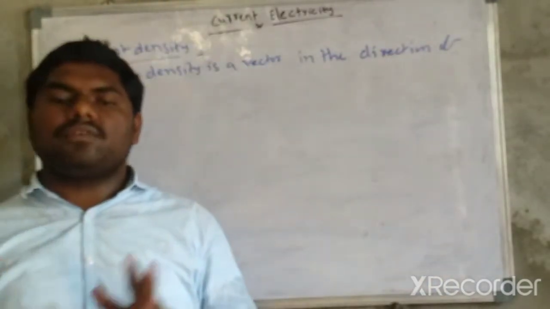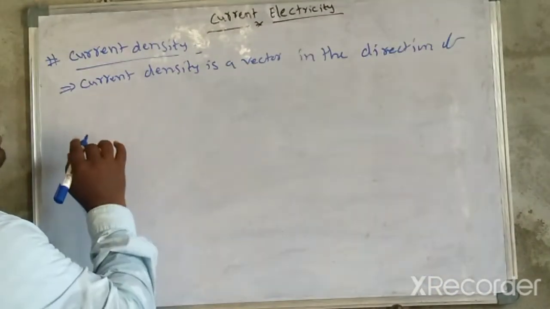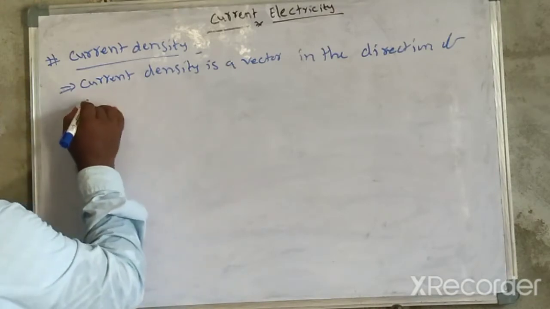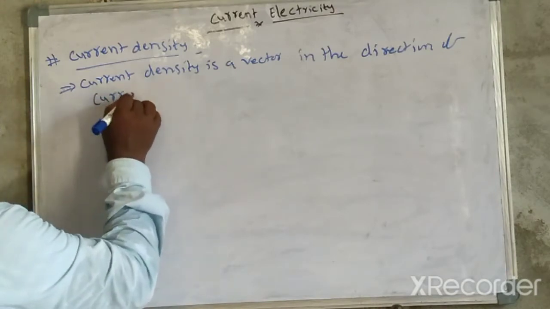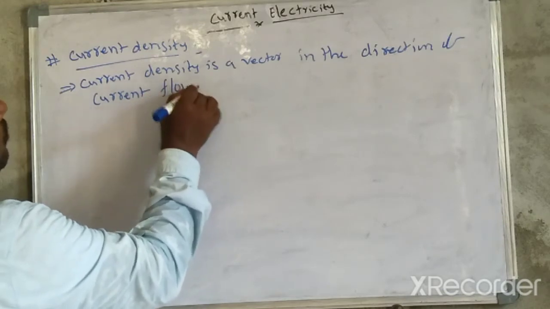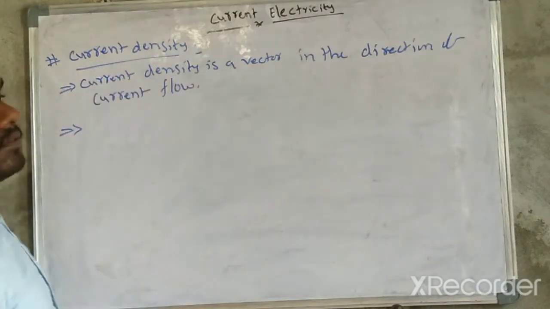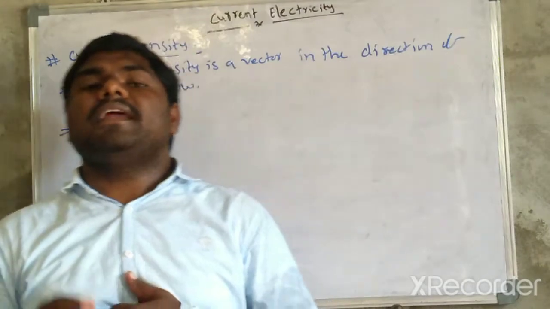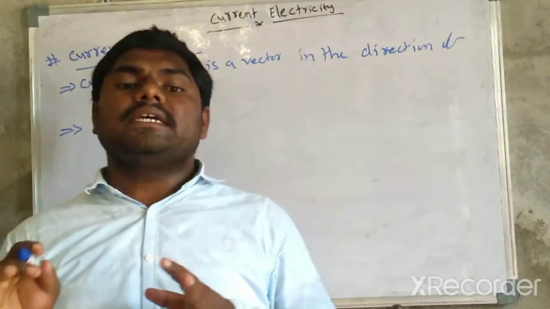The second point: it is denoted by the letter J bar.